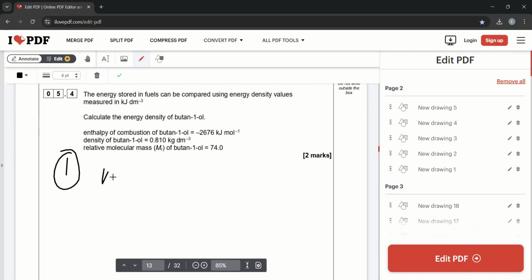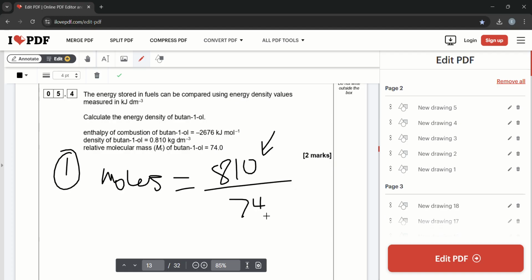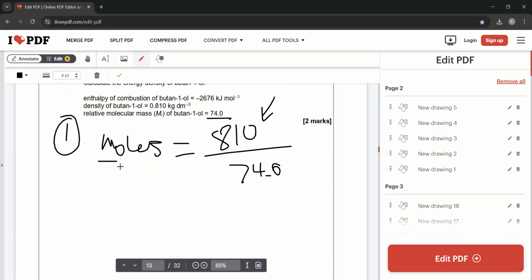The moles of butan-1-ol is going to be the mass, but we know it's 0.810 kilograms per dm cubed, and energy density values are measured in kilojoules per dm cubed, so it's actually going to be 810 grams, times by 1000, so that's the mass divided by the molar mass 74.0. Yeah, that will give me 10.95.